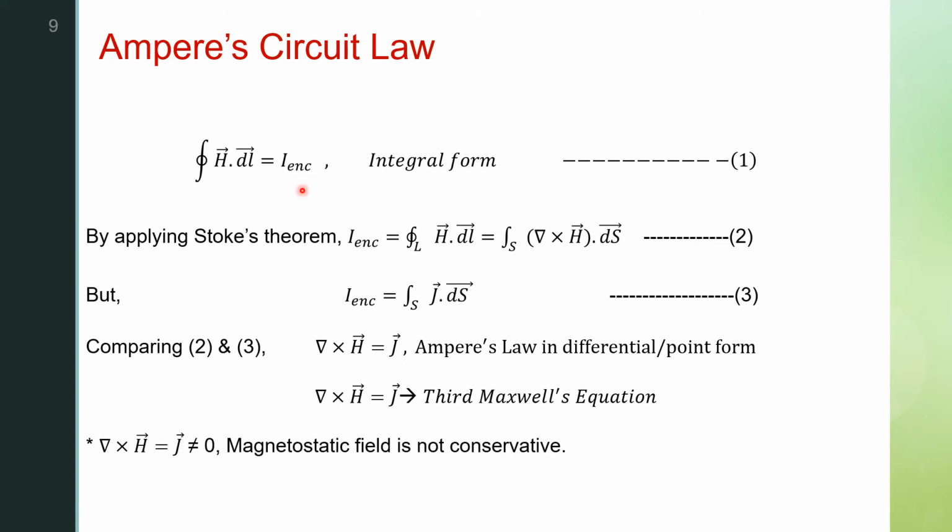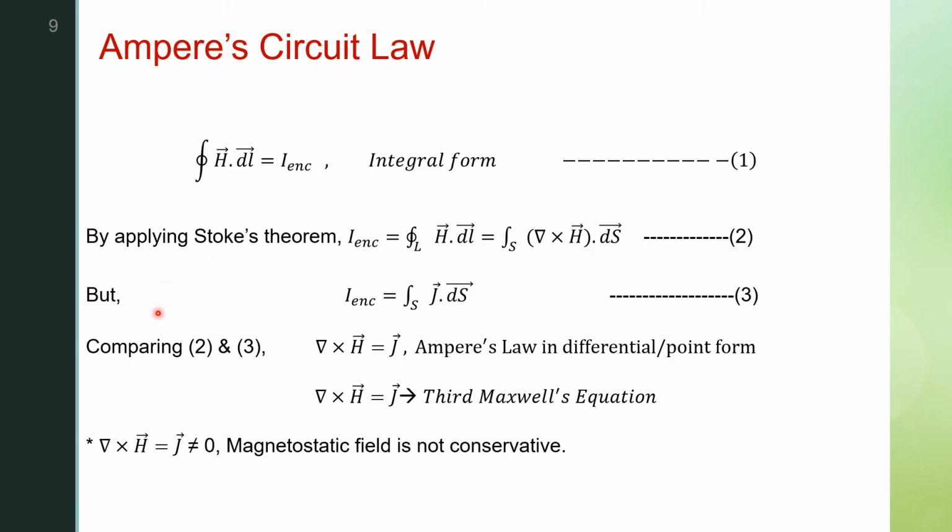By applying Stokes' theorem to the left hand side of this expression, we will get I enclosed is equal to closed integral H dot dl, which is equal to surface integral del cross H dot dS.